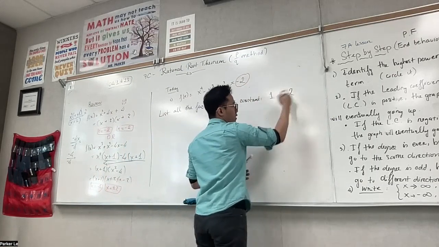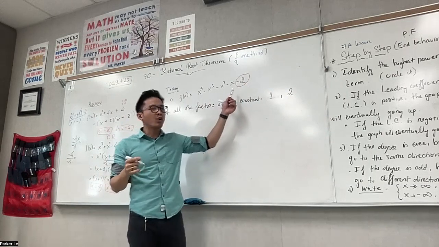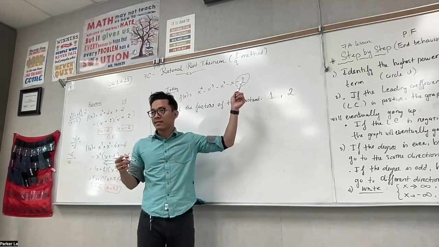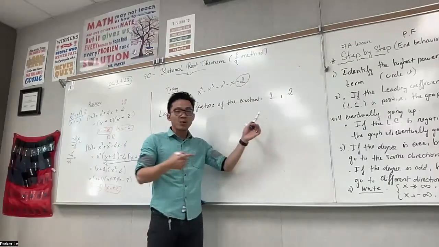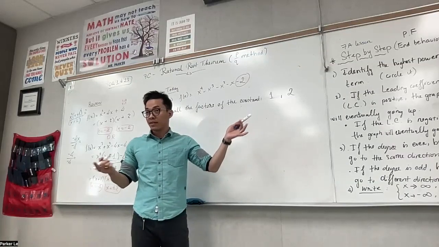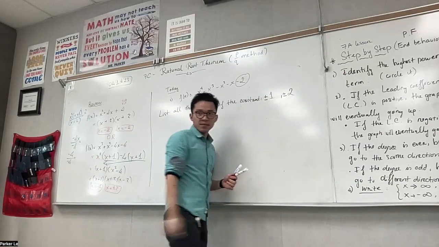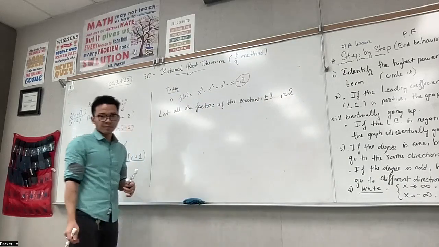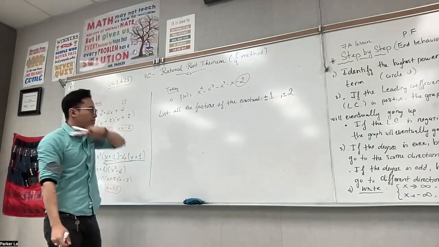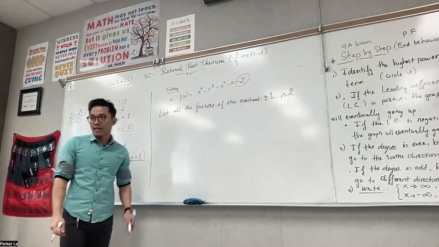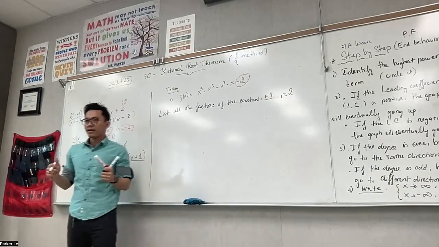So 1 and 2. Also, do you think 2 can be divided by -1? Yes, right? And 2 divided by -2? Yeah. So actually there's 4: plus 1, plus 2, -1, and -2. Are we good? Stay with me, right?